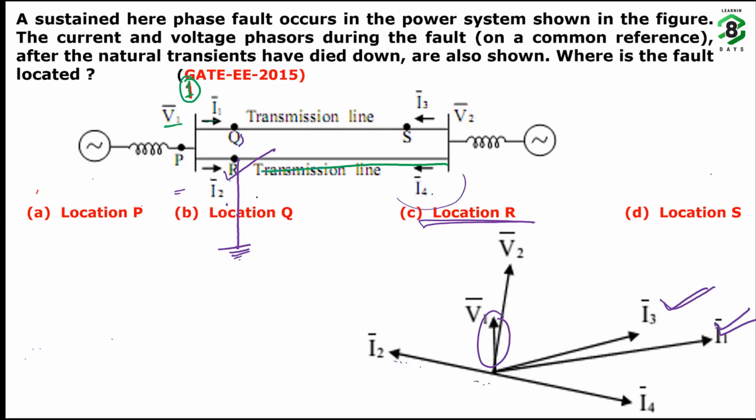This current will flow like this, this current will flow like this, and the other current that is coming will flow like this. Okay, so in this case what should happen? I3 and I1 should have the same magnitude but a 180 degrees phase shift, which is not happening. I3 and I1 are almost in phase, so the fault is not occurring at R.